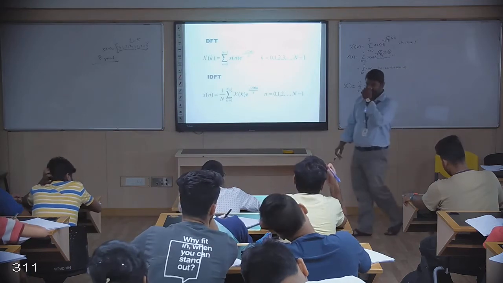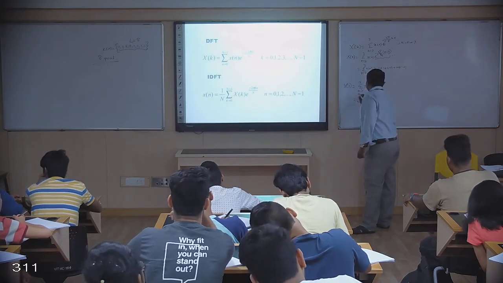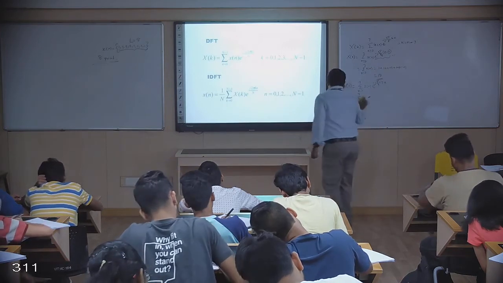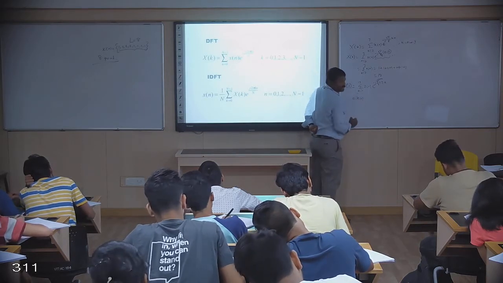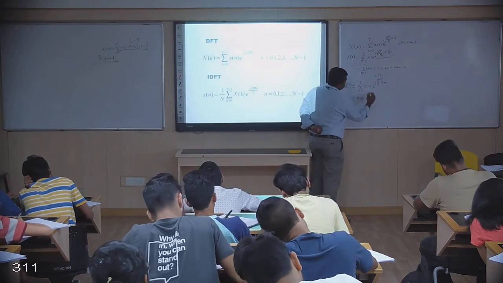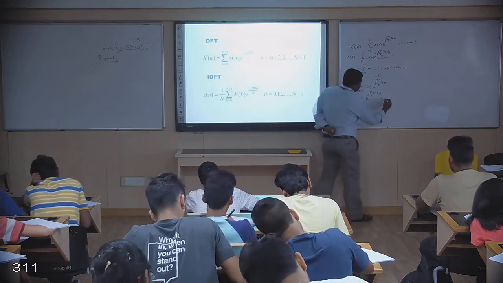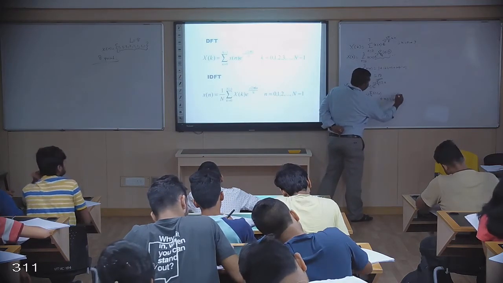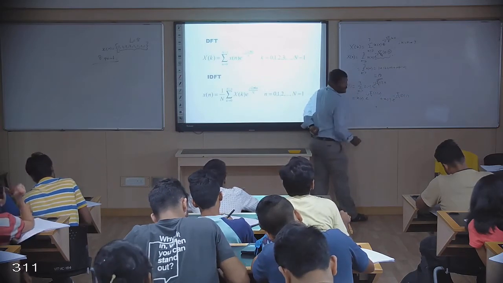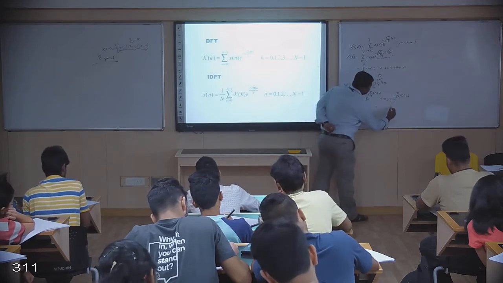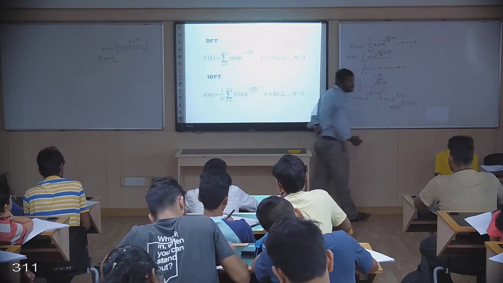Expand this: x of 0 e power minus j pi by 4 1 0 plus x of 1 e power minus j pi by 4 1 into 1. Similarly it goes up to 7, x of 7 e power minus j pi by 4 1 into 7.